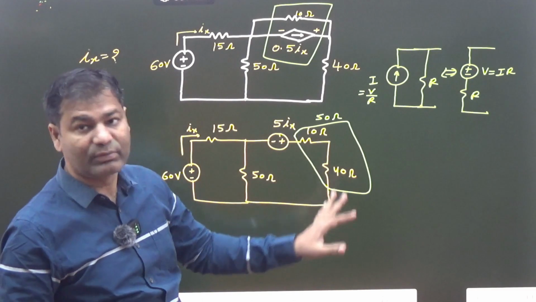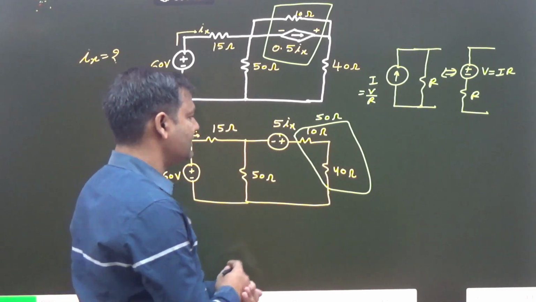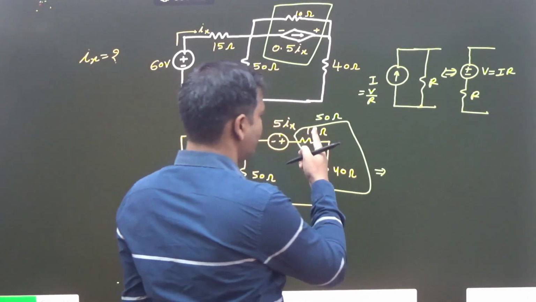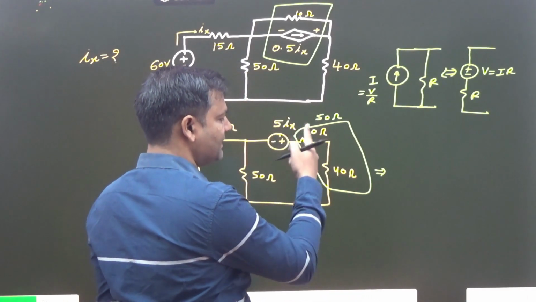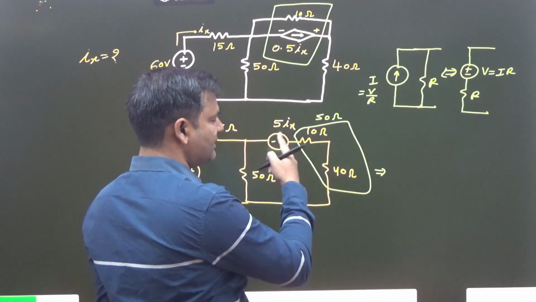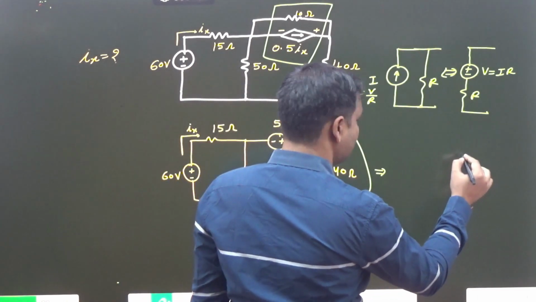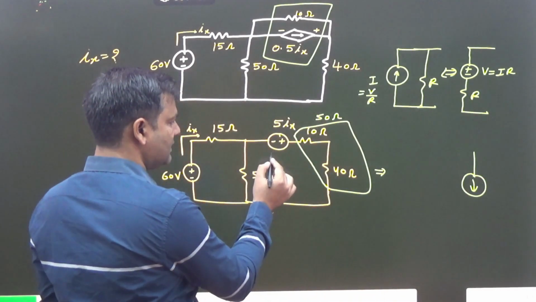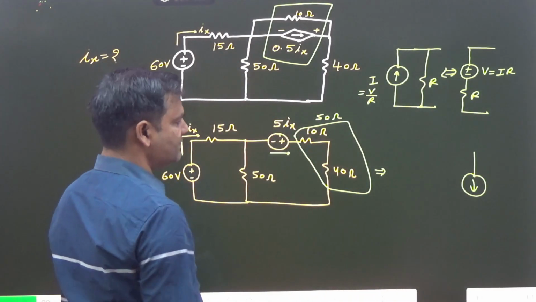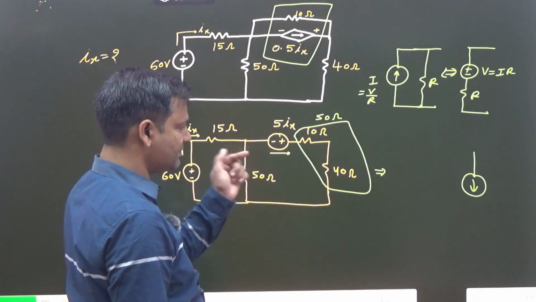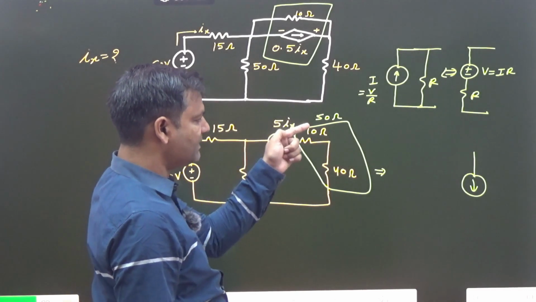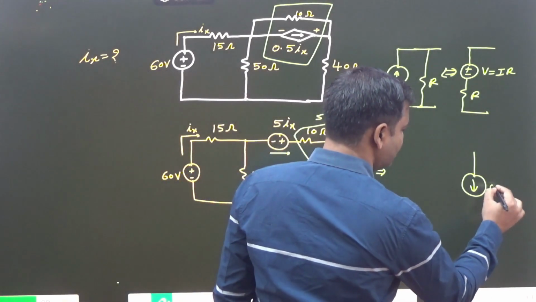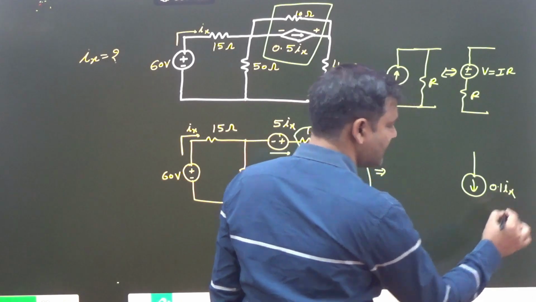If we convert it into a current source, how can we write it? 5Ix by 50. The current direction is always downward. Why? Because here positive, here negative. 5Ix divided by 50 is Ix divided by 10, that means 0.1Ix. Clear?